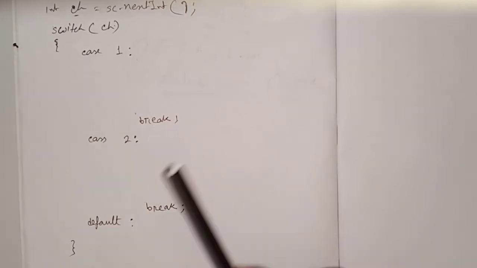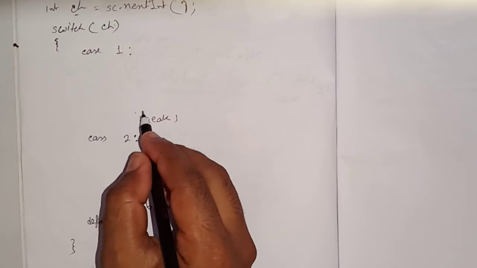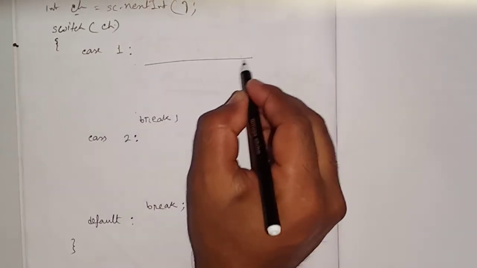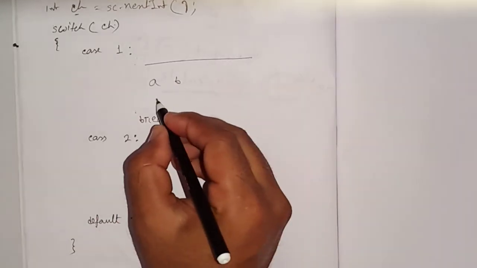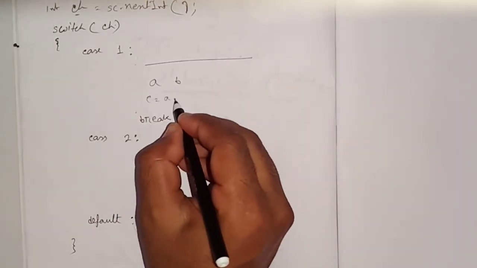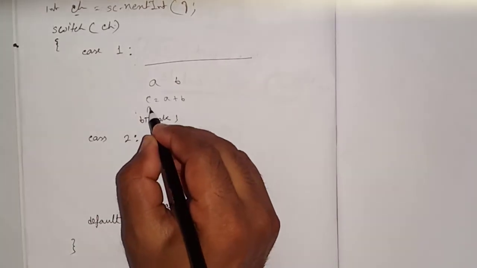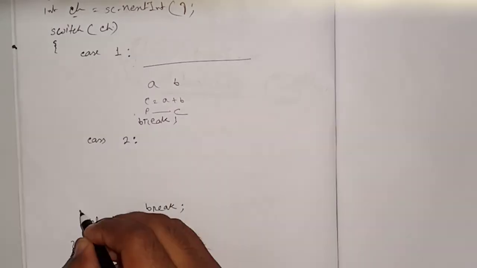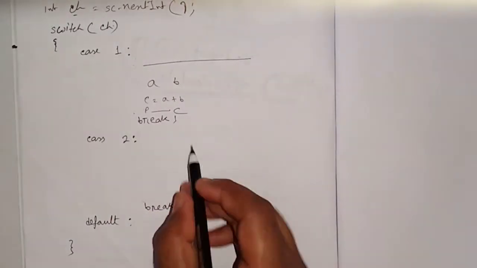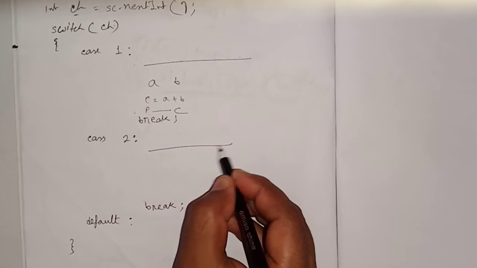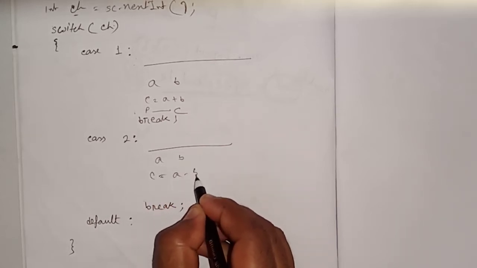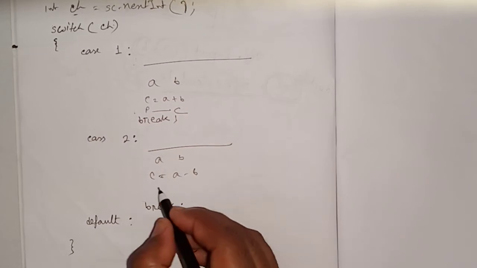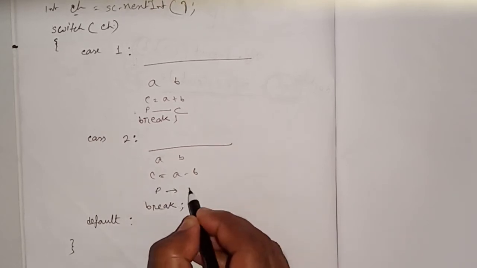Now here I give a message and take the values of a and b for addition. Then c is equal to a plus b. Then I print c. For subtraction, message and taking values of a and b, and c is equal to a minus b or b minus a, your choice. Then print the value of c.